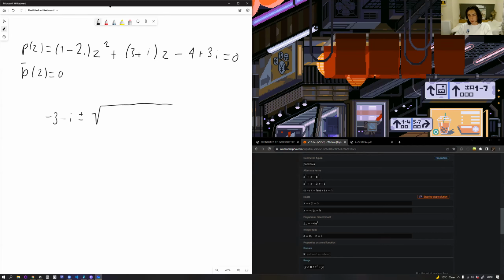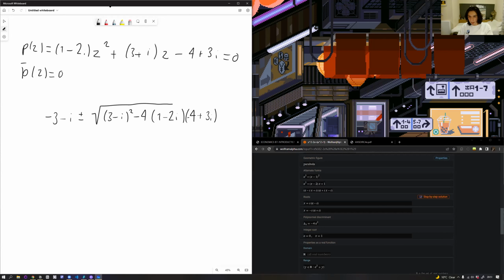So (3 plus i) squared minus 4 times (1 minus 2i) times c, which is minus 4 plus 3i. Was it bracketed there? Just looking again. It was not. So, minus 4, 3i.